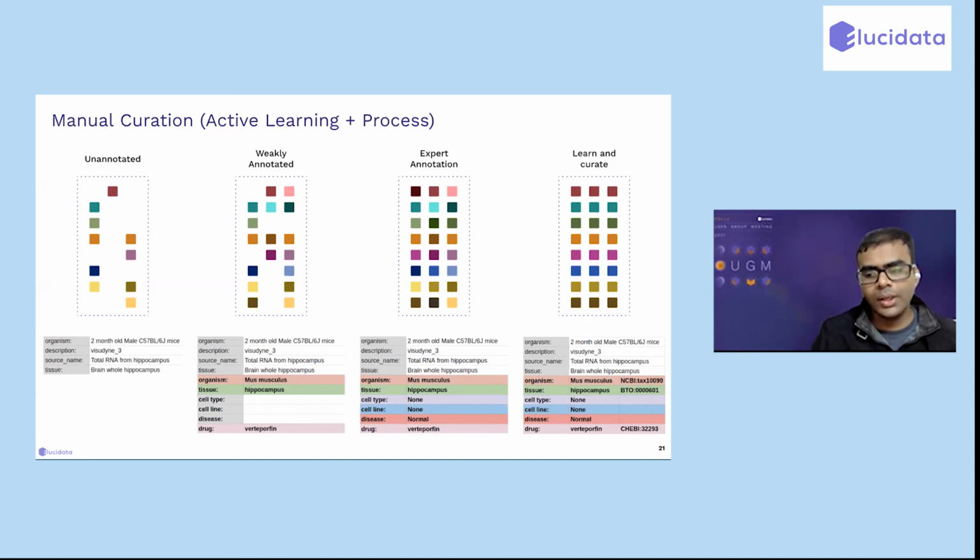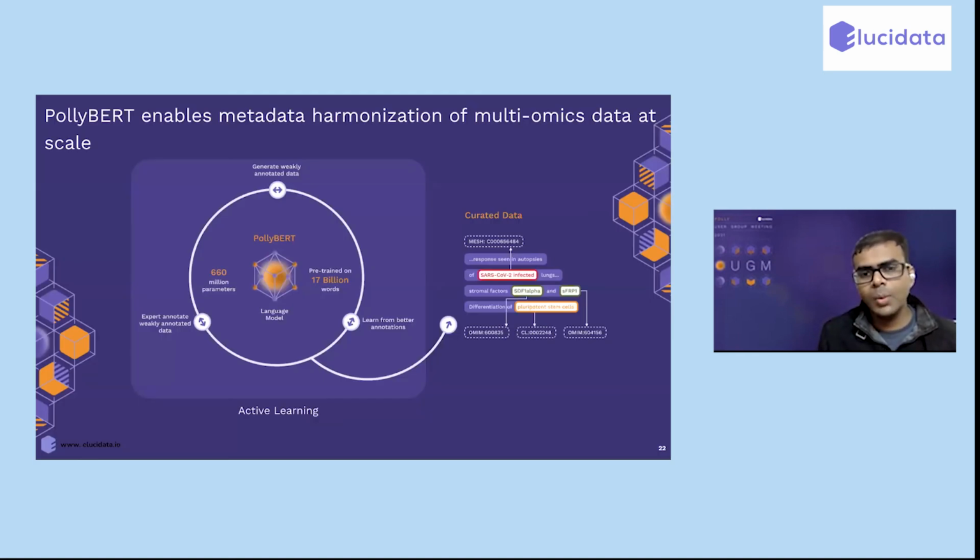So this kind of curation powers our work a lot. And at the core of this is our Polybird class of models, which are trained on around 17 billion words and have around 660 million parameters in total. And the cycle of generating weakly annotated data, having experts curate it, and learning from better annotations helps us curate this data at scale.